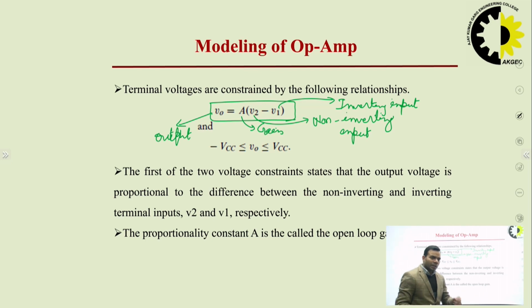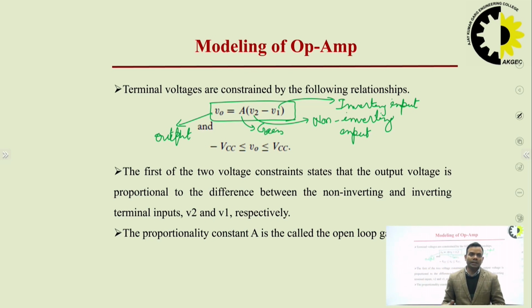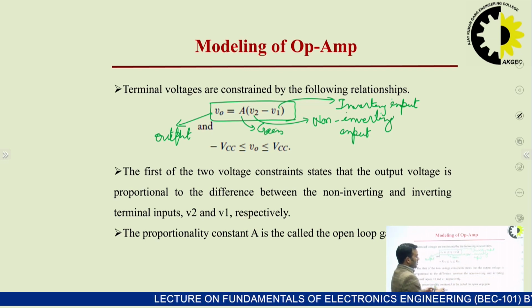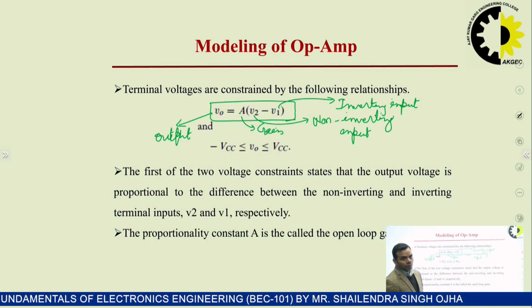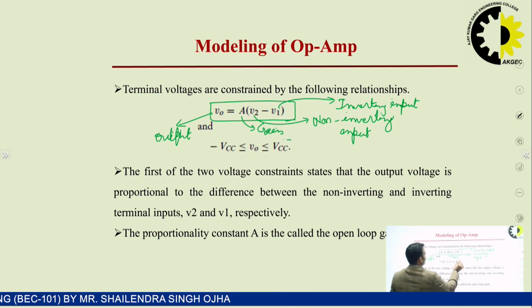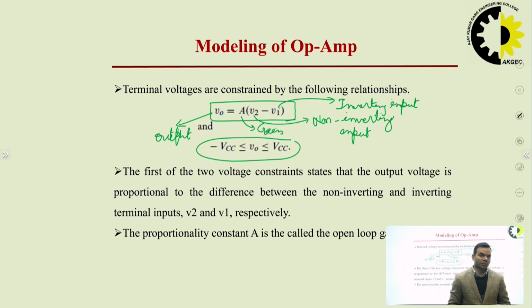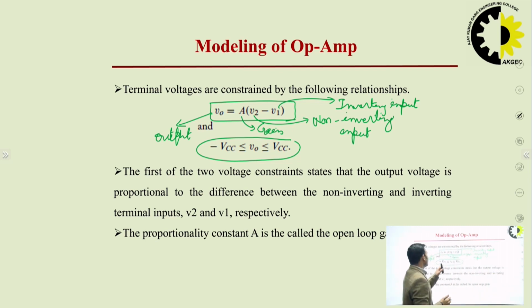So this is very similar to what we have discussed in equivalent model of operational amplifier. But here we are going to discuss few more things. That is, V output will be greater than or equal to minus VCC and less than or equal to plus VCC. Where plus VCC is the positive power supply and minus VCC is the negative power supply.